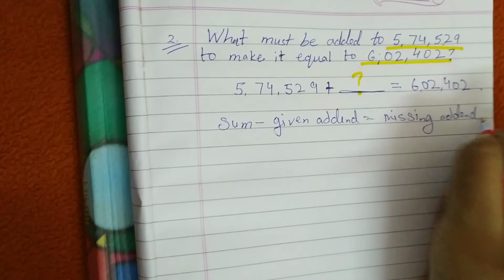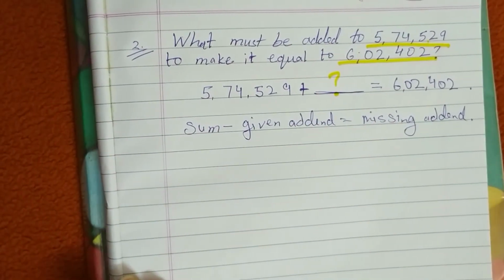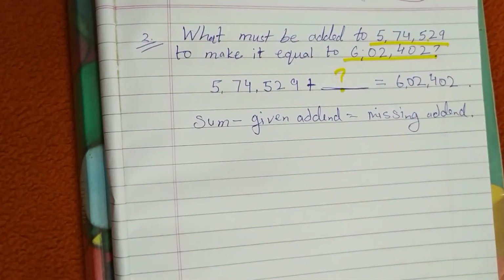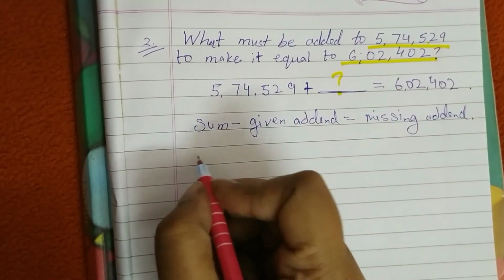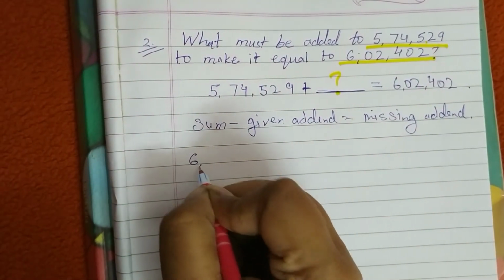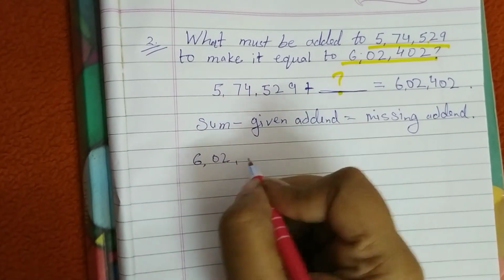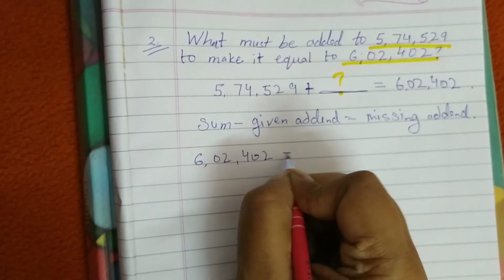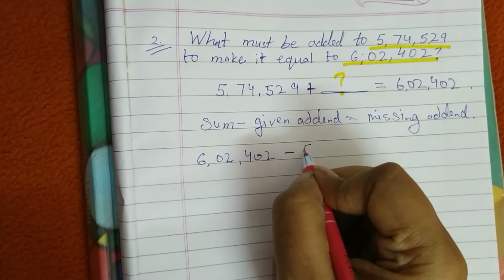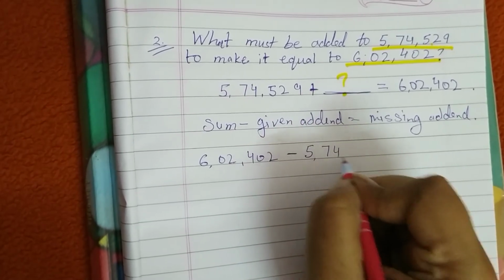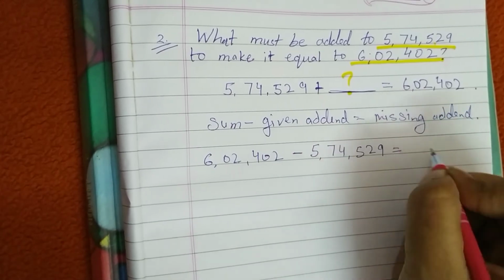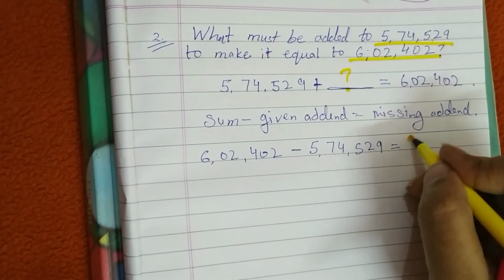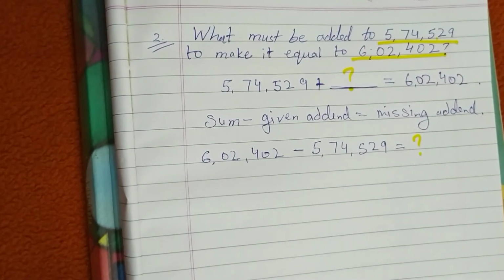Yes, this is the formula. Now just write it in this way. So what will the statement be now? 6,02,402 minus 5,74,529 is equal to, we have to find this.